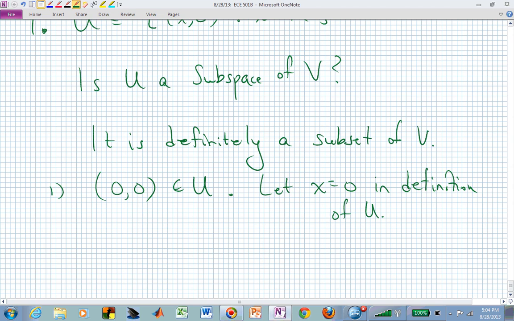All vector spaces have at least two subspaces: the 0 vector and the entire vector space. One subspace of R2 would be R2. Another subspace would be 0, 0. Those are pretty easy to visualize.